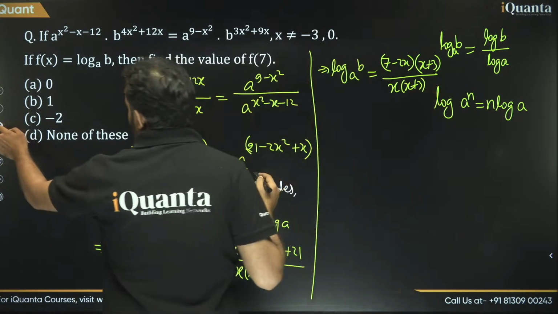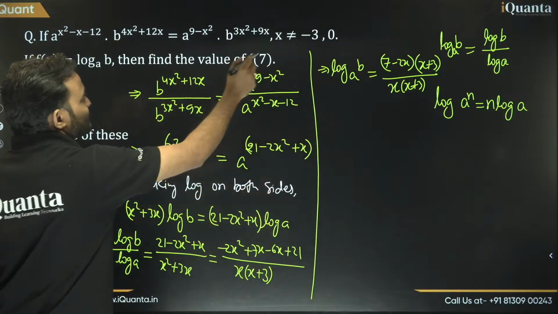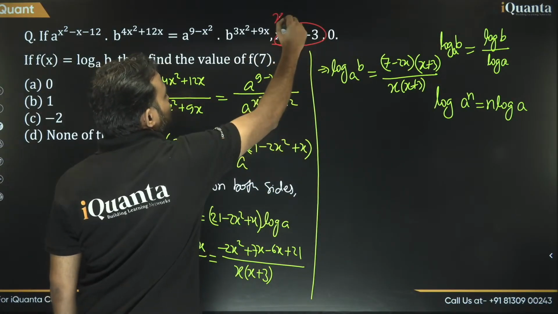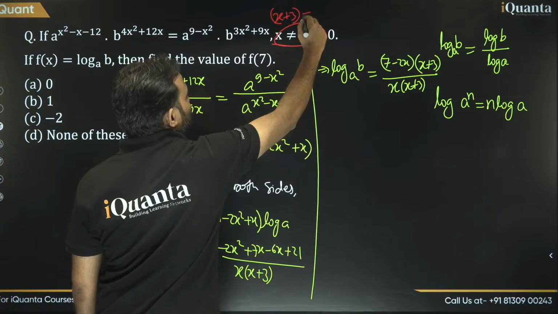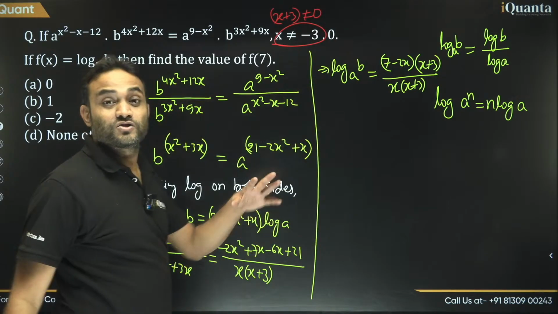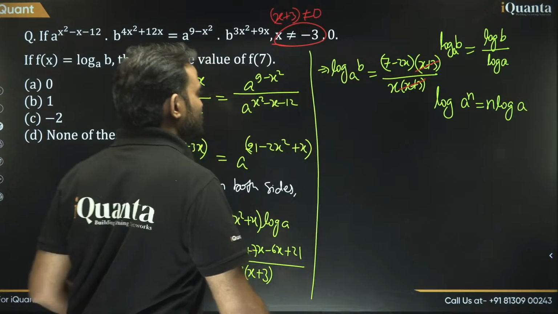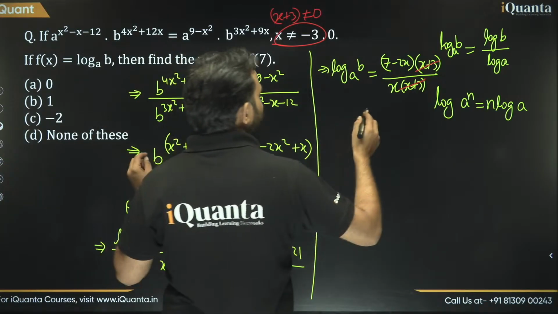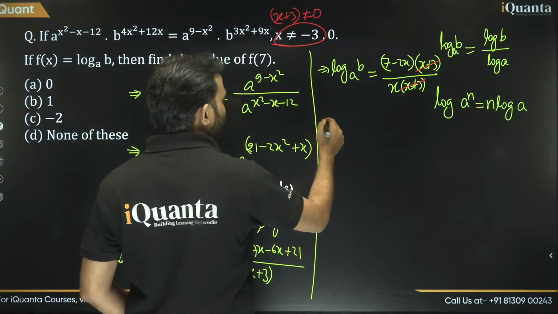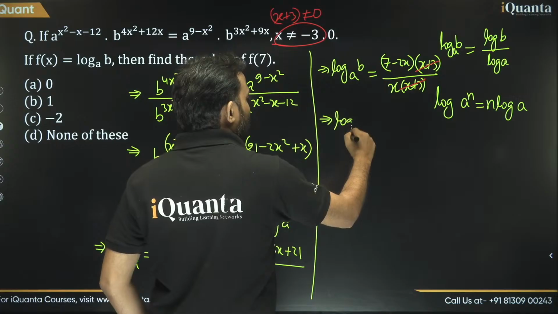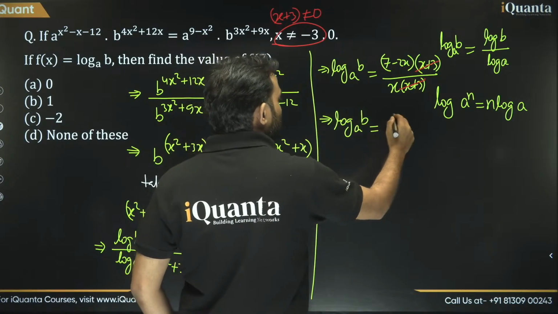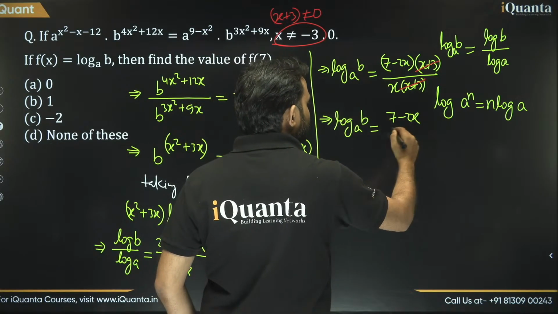Now it's already given that x is not equal to minus 3. That means x plus 3 is not equal to 0. And since it's not equal to 0, we can cancel out these two expressions. The expression will become log b base a is equal to 7 minus 2x upon x.